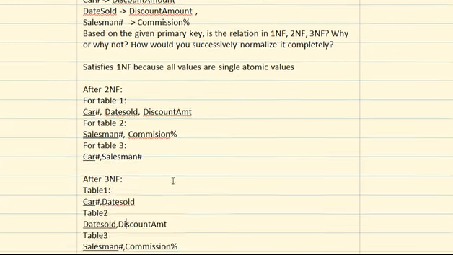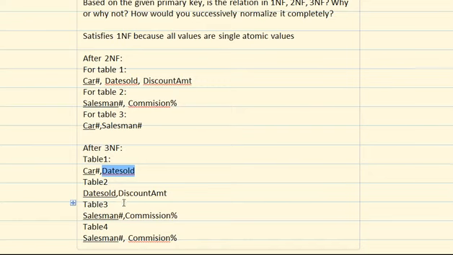Then we wouldn't need to apply 3NF normalization. But since B, as in date sold, is not a prime attribute, it's just a non-prime attribute, we have to apply 3NF normalization.